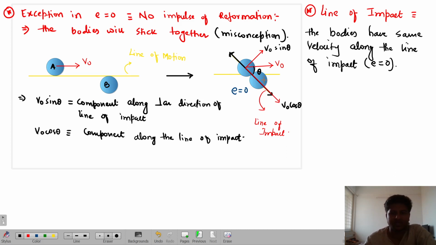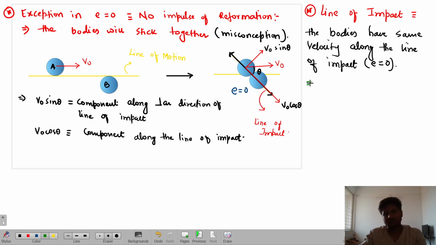That means this velocity of this body, which is present as v naught cos theta, must be provided to this, and whatever happens, we will take care of that after some time. But the condition is that the bodies must have the same velocity along the line of impact if my E is equal to how much? 0. Is that clear or not?